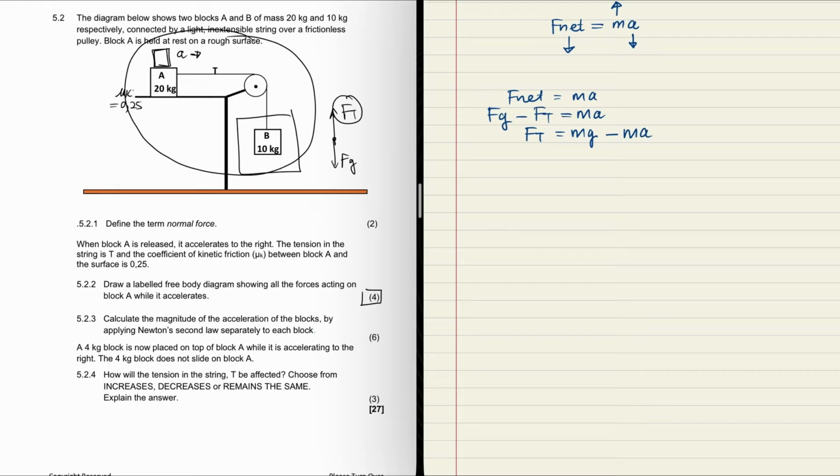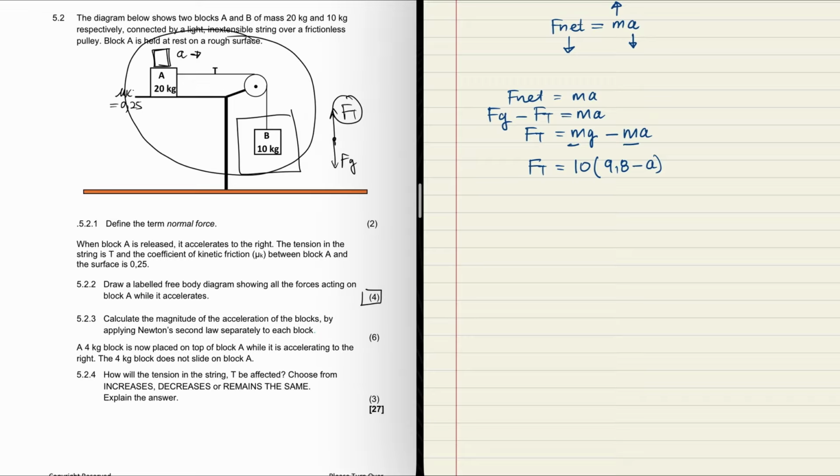Now the mass of B hasn't changed, so this mass and this mass is the same, so I can take it out as a factor. So FT is equal to 10 into (9,8 minus whatever the new acceleration is).